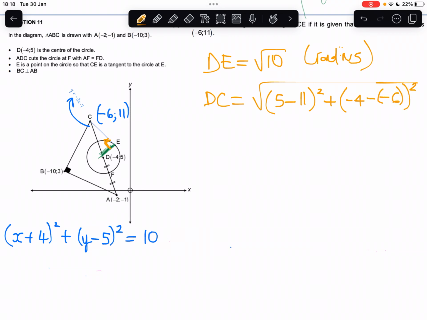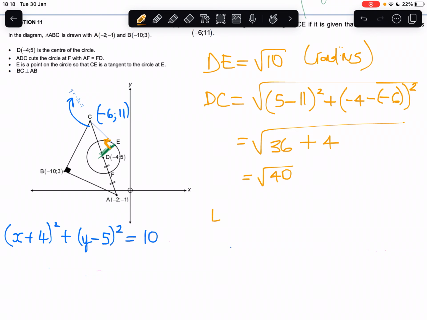Again, something that we can use the calculator for, but my soul is just so defeated. Okay, so -4 plus 6 is 2. Square that is 4, so that is the square root of 40. I'm not even gonna bother with simplifying that because it's going straight into Pythagoras.